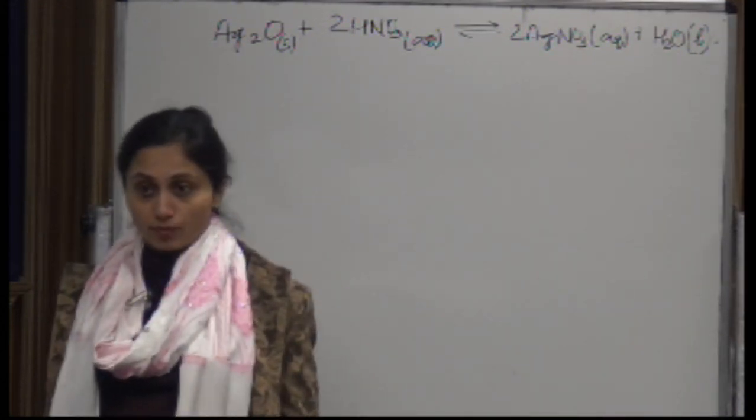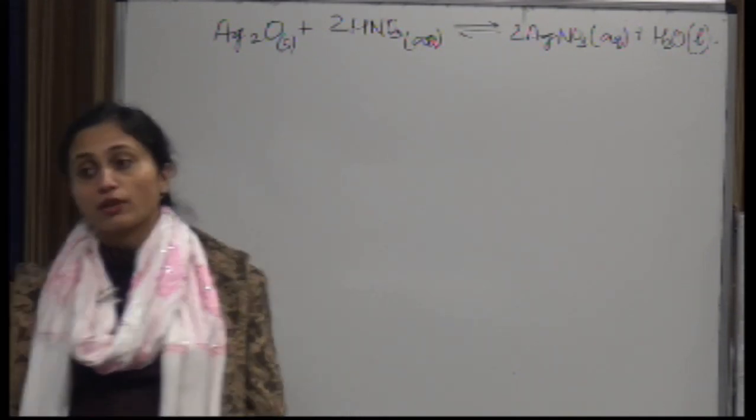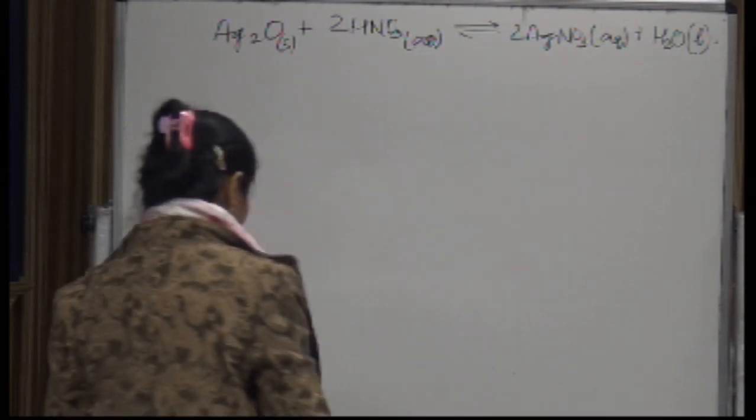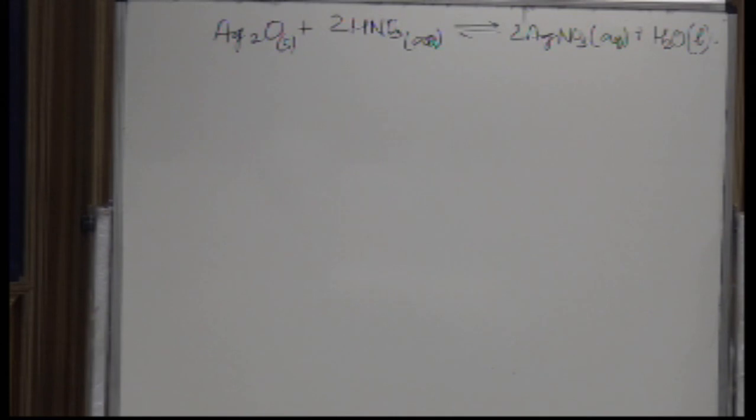Now write down. If you've understood this particular thing, that you can take down for a pure liquid or a pure solid case, then you can easily write down the Kc for this reaction as well. So you have Ag2O in the solid form and you have H2O in the liquid form here.